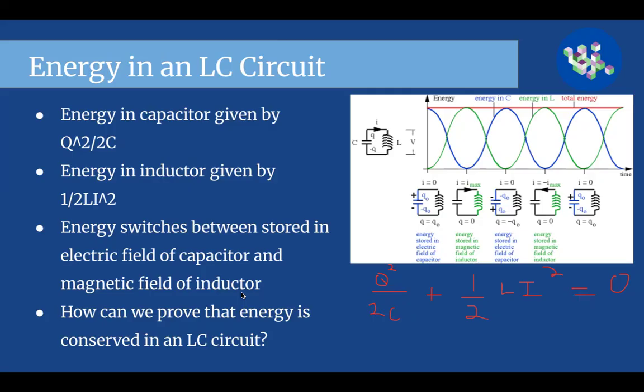This will also lead to an expression for Q as a function of time if you plug in I equals dq/dt and solve accordingly. Are there any questions about that? If not, we can move on then.